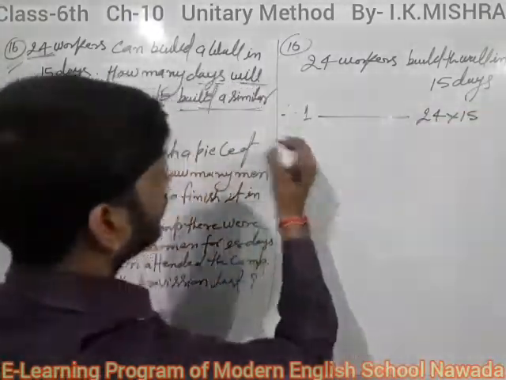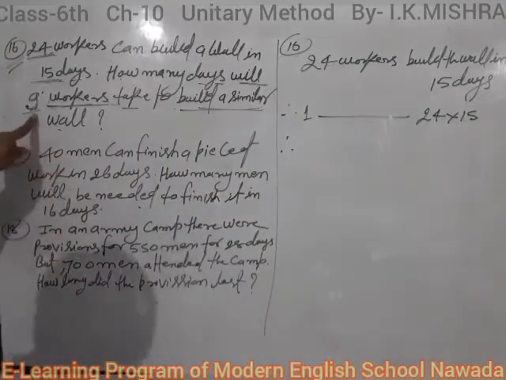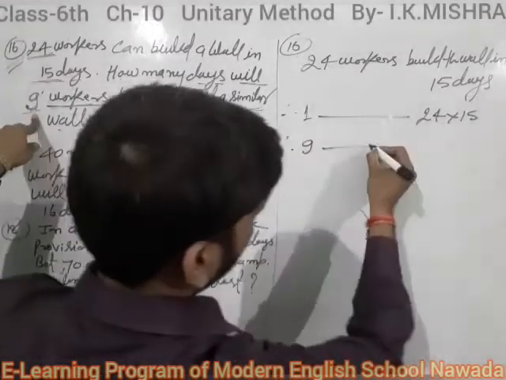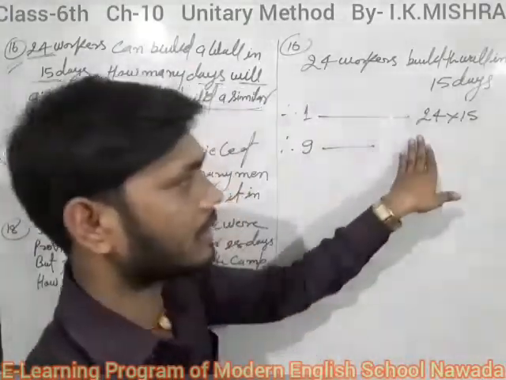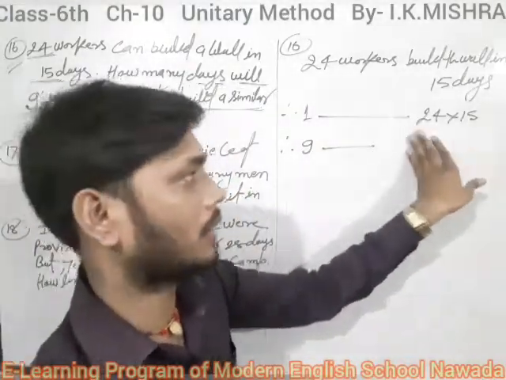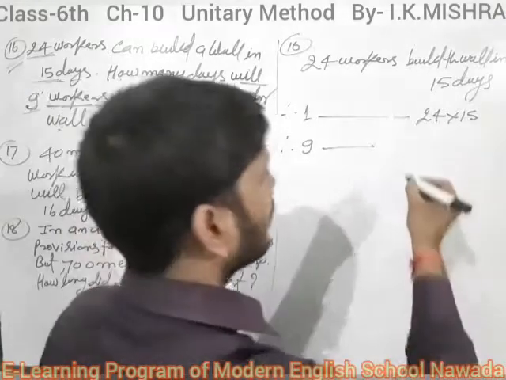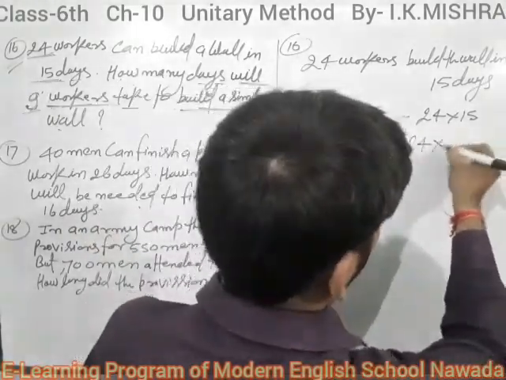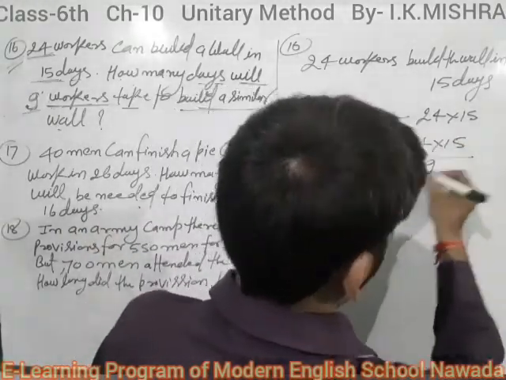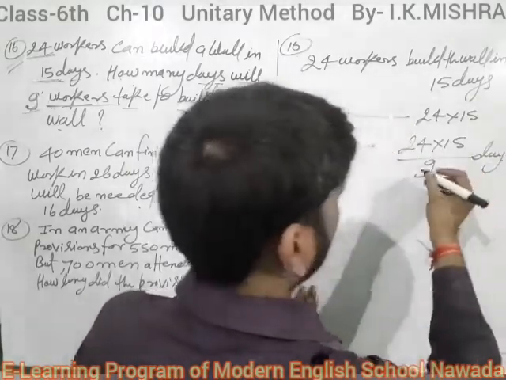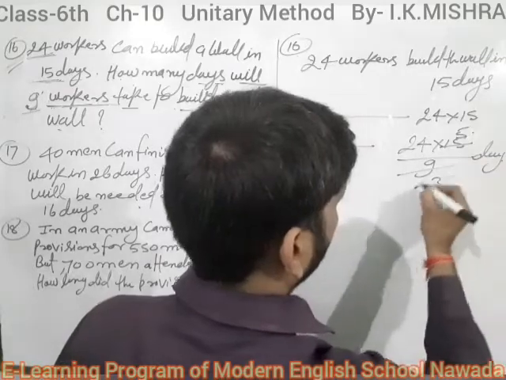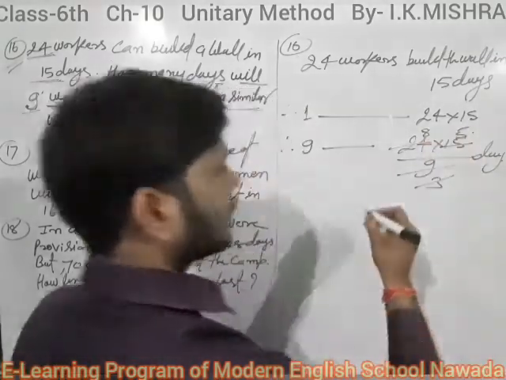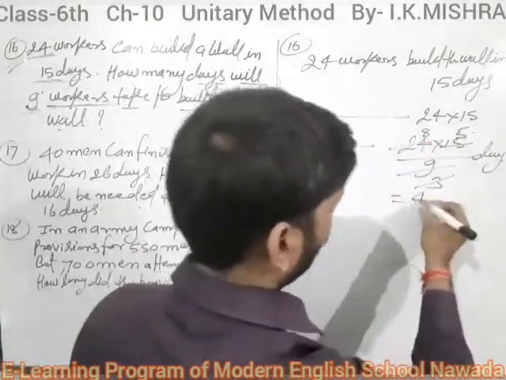And now students, here you have to find for 9 workers. That means 9 workers will complete the wall in how many days? Then you have to divide the value of 1 by 9. So here 24 into 15 divided by 9 days. Here divided by 3 times, and by 5 times, and here 8 times, that means it is equal to 40.